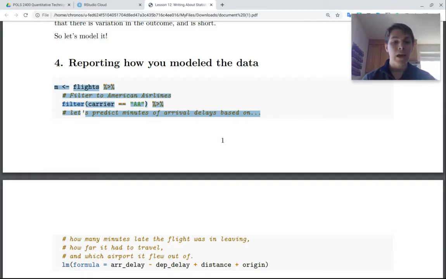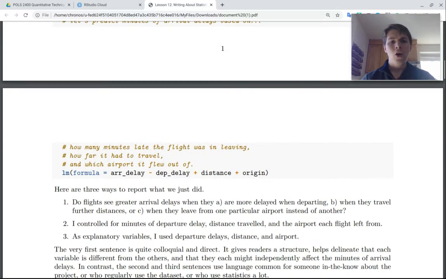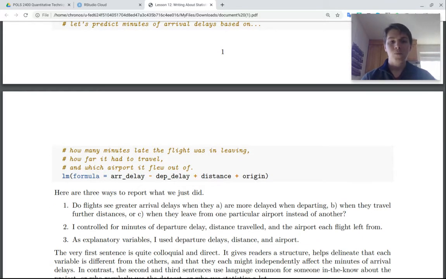And we're going to do something similar to your homework where we're going to test, did you get bigger arrival delays if you departed later, if you were traveling further, or if you were leaving from one of 3 different airports? I think JFK and LaGuardia, and there's one more. And that's the baseline.